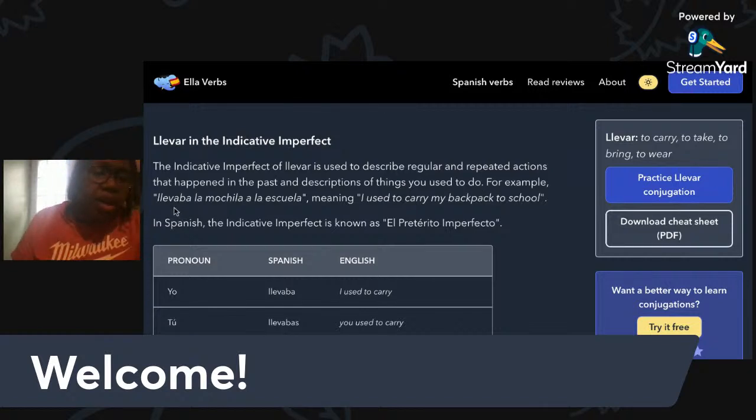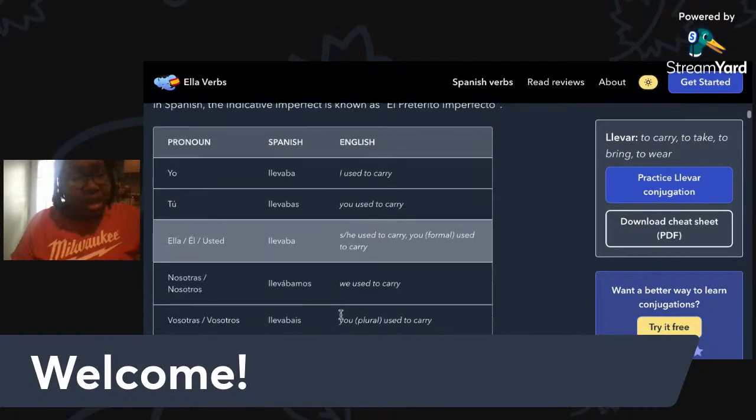For example, llevaba la mochila a la escuela. You carry a book bag to school, meaning I used to. So you have to remember to say I used to. I used to carry my backpack to school.